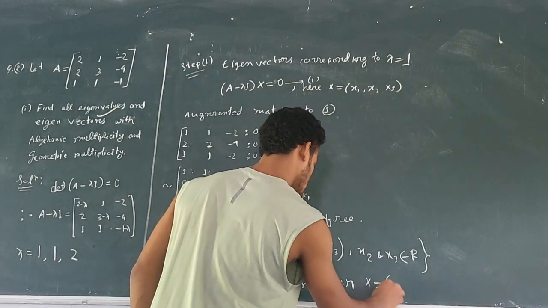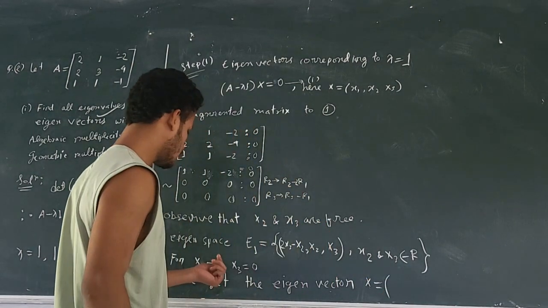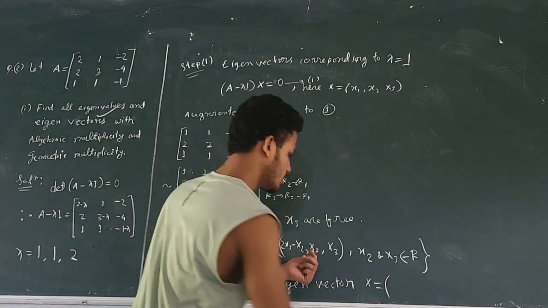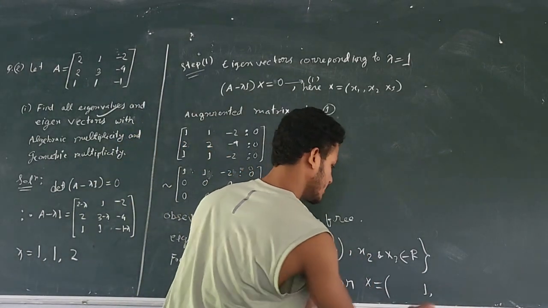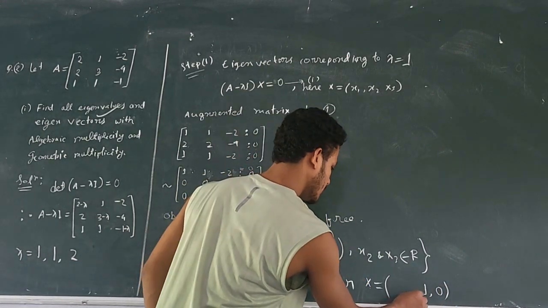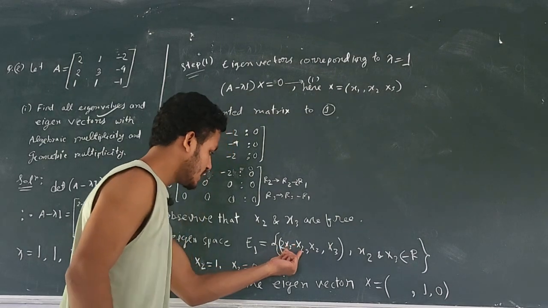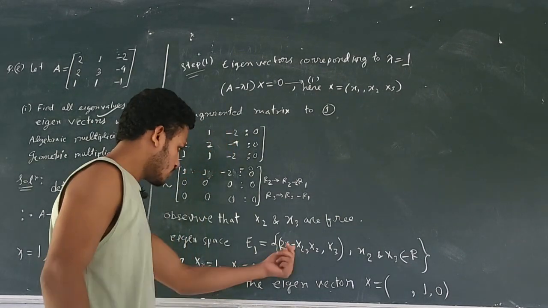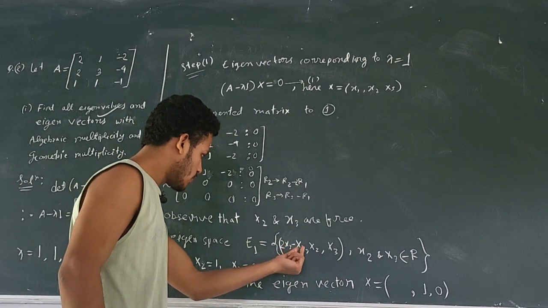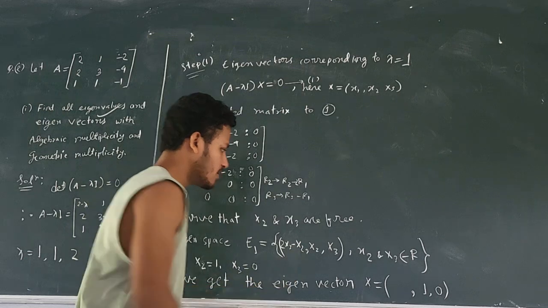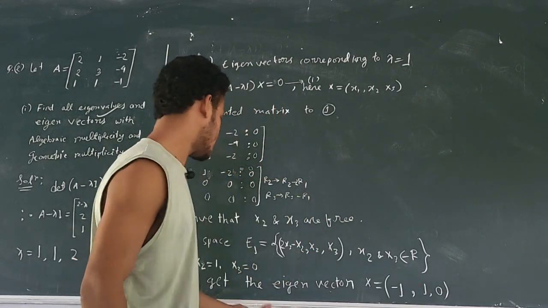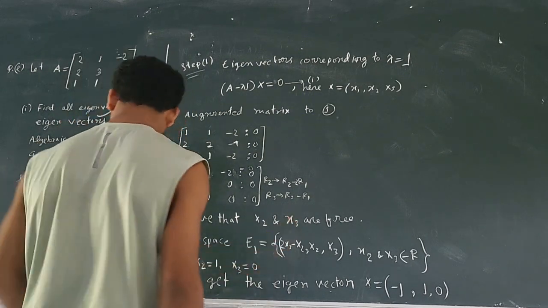X is equal to, put here x2 is equal to 1, x3 is equal to 0, and then what will x1 be? When x3 is equal to 0, this is 0. When x2 is equal to 1, this is minus 1. So you have minus 1. So x is equal to (minus 1, 1, 0). This is an eigenvector, one eigenvector.